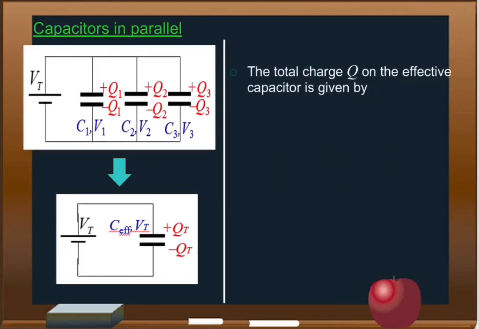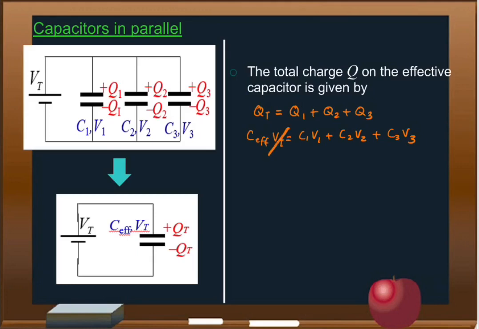So now we want to write the total charge Q on the effective capacitor. So Qt will be equal to Q1 plus Q2 plus Q3. And then we write down the formula for each charge. So Qt is Cf Vt equal to C1 V1 plus C2 V2 plus C3 V3. And as we know, the potential difference across each capacitor is the same as the supply voltage.